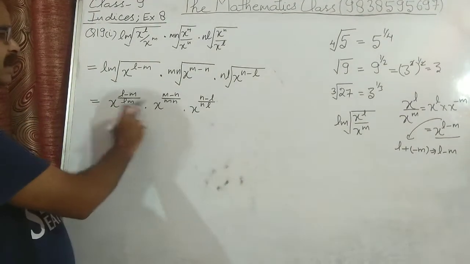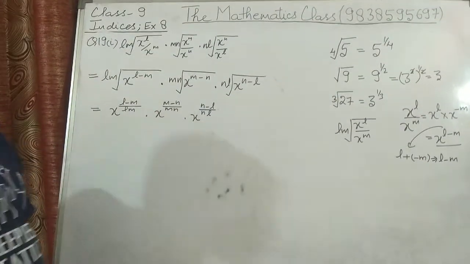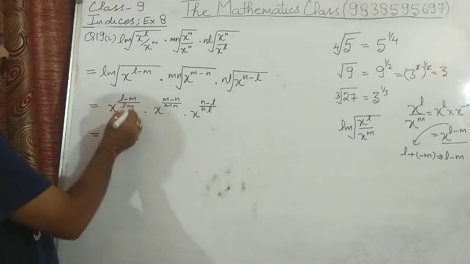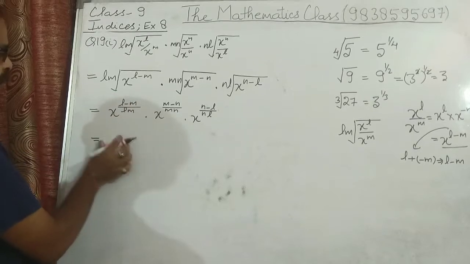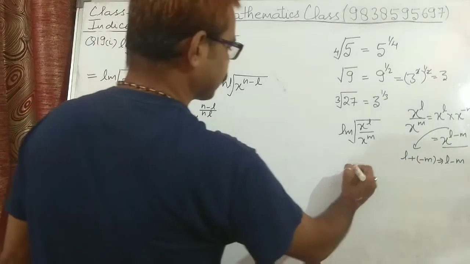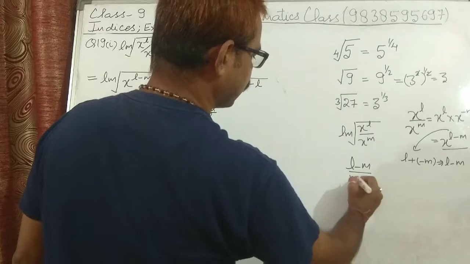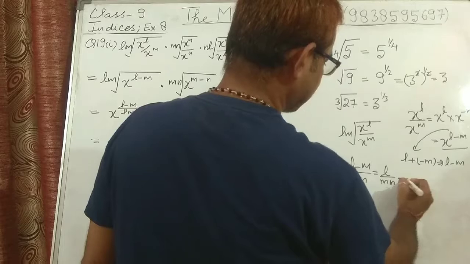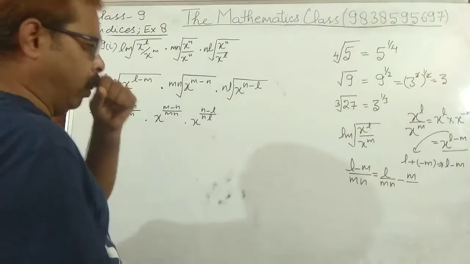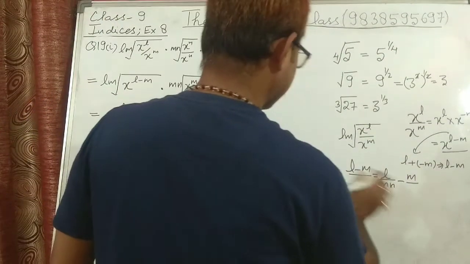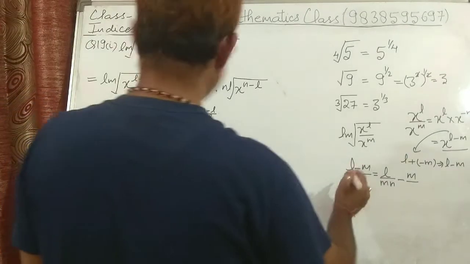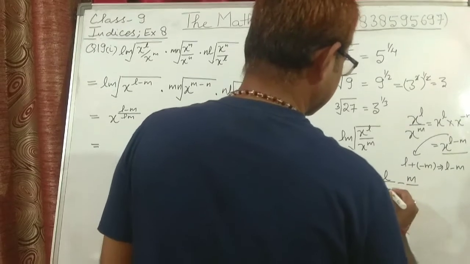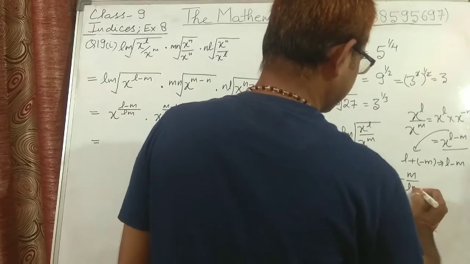Now again the bases are same but the powers are different. It means there will be only one base and powers will be added. So I am solving this separately first. If you solve (l minus m) upon lm, this can be written as l upon lm minus m upon lm.